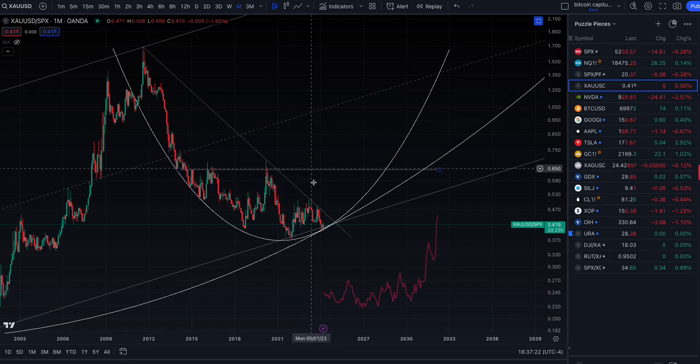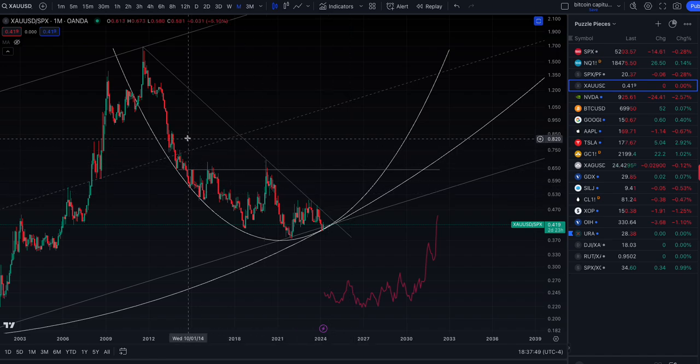But what also is making me say this and giving me that general feeling is this turning of the ship in terms of gold. It looks like it's about to start outperforming the S&P 500. And it does that because it senses and sniffs out inflation and our purchasing power, what a dollar buys these days.